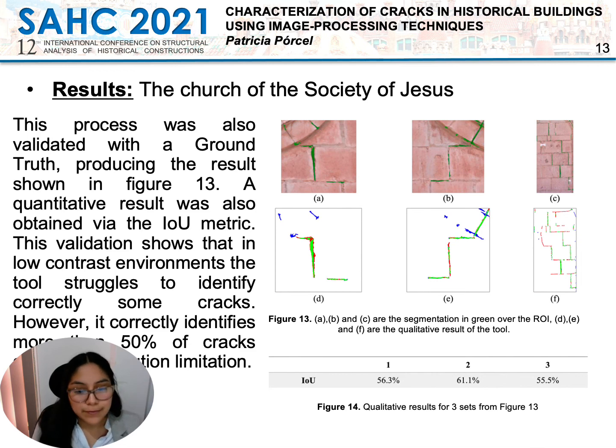We can see that for this validation, the result shows that in low contrast environments, the tool does not correctly identify the whole crack. However, it does do pretty well, detecting over 50% of the cracks above its resolution limitation.